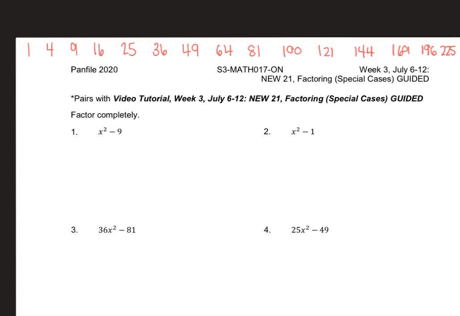But realistically, on the flip side, when you take the square root of any of these numbers, these are the only numbers that when you take the square root of them, they come out to be a non-decimal number. So the square root of 81 is 9, the square root of 144 is 12, the square root of 9 is 3. If you take the square root of any other number, you will get an irrational number, which is a decimal that never ends or never repeats.